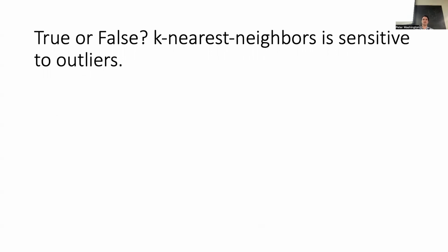K-nearest neighbors is sensitive to outliers. Think about it a little. Okay. Outliers can affect the results. Okay, true, hand raise. False.